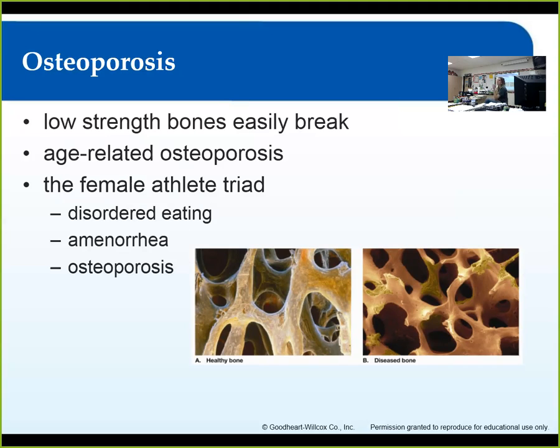No, that's itis. Osis is abnormal condition. So abnormal condition of bone, and then pore. It's a condition where bone mineralization and strength are abnormally low. That's right. But pore in there would mean... it just means poor, like abnormal condition of bone pores.